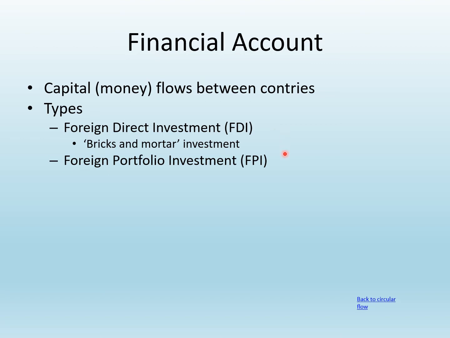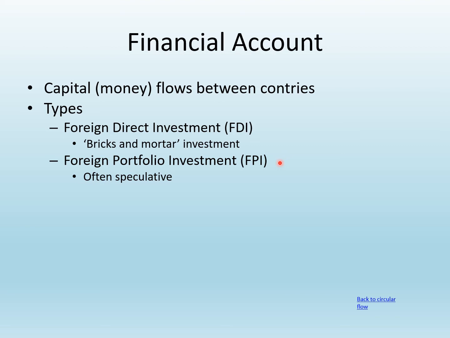The second kind of foreign capital flows we have between countries is called foreign portfolio investment, or FPIs. By and large, these are the ones that we've spoken about so far in this course, because these are often speculative capital flows. This is money that goes into the bond market, or it's money that goes into the share market.